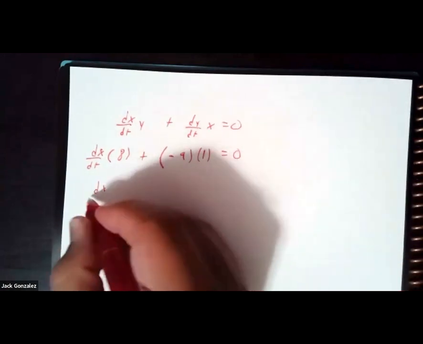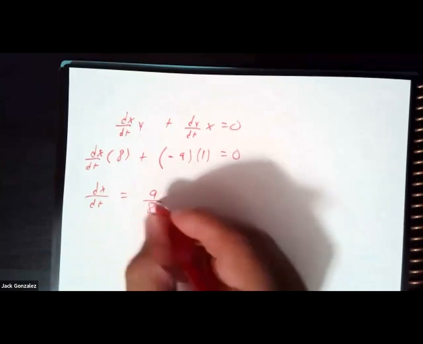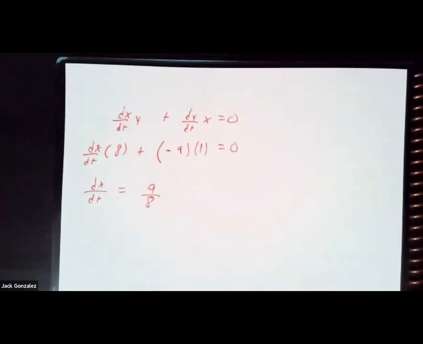So dx dt is equal to 9/8 after the algebra step. Any questions on example 2?